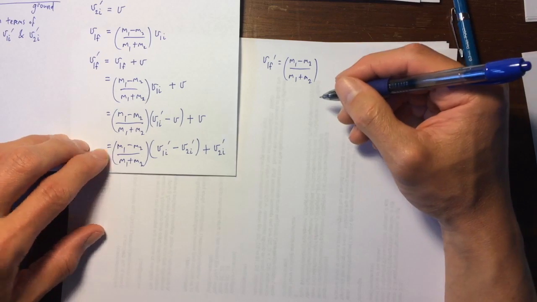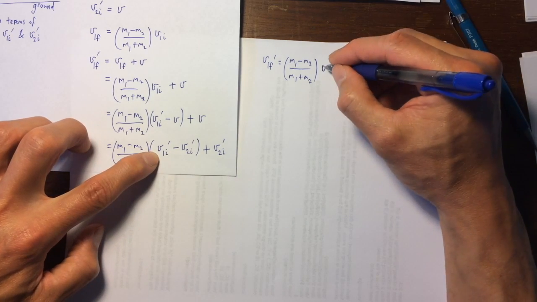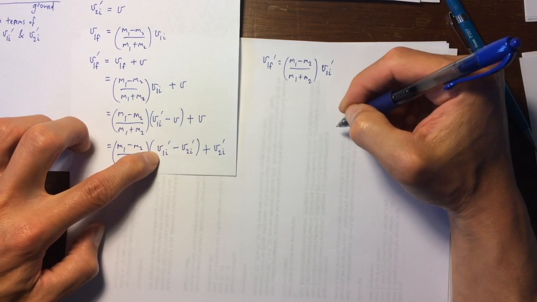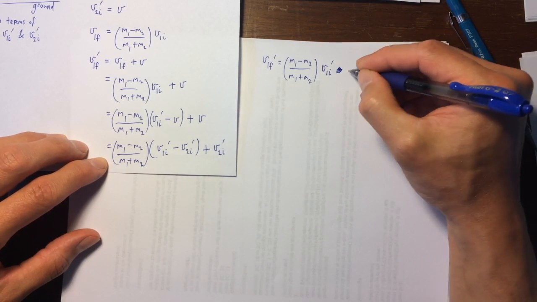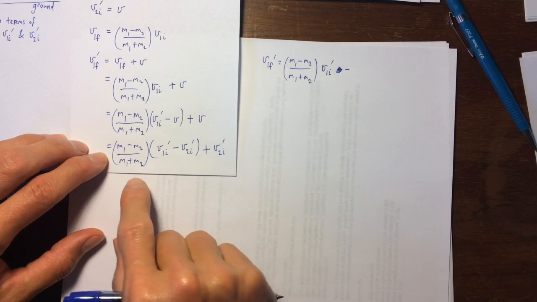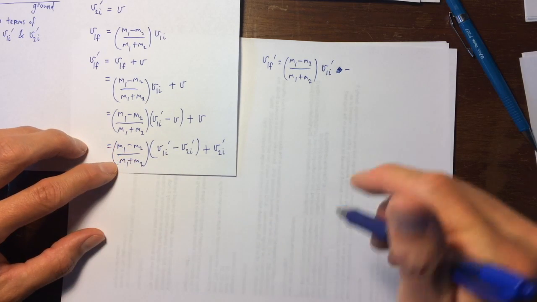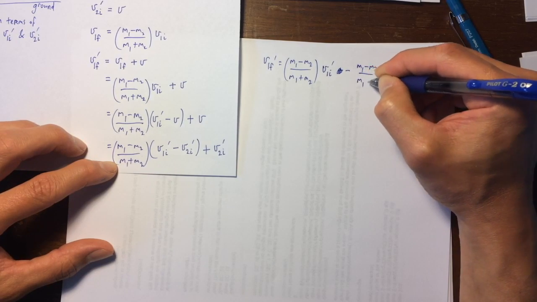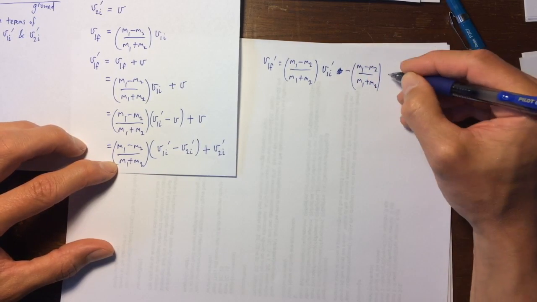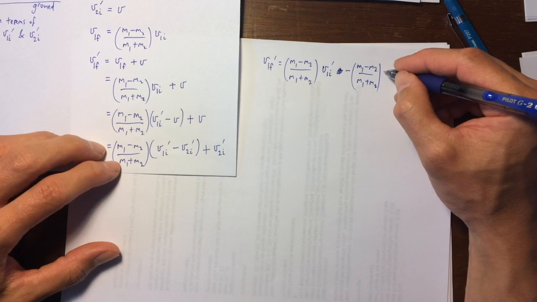So that is hitting the v1 initial prime, right? It's also hitting, I'll put a minus sign here, so minus m1 minus m2 over m1 plus m2 on v2 initial prime.